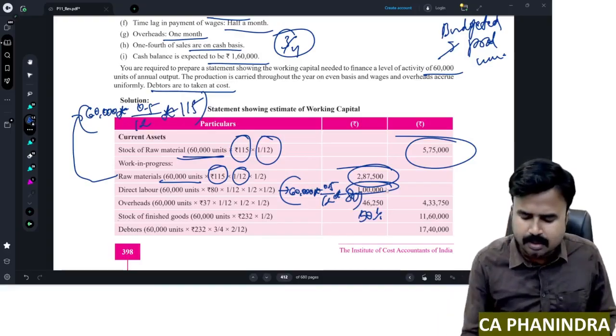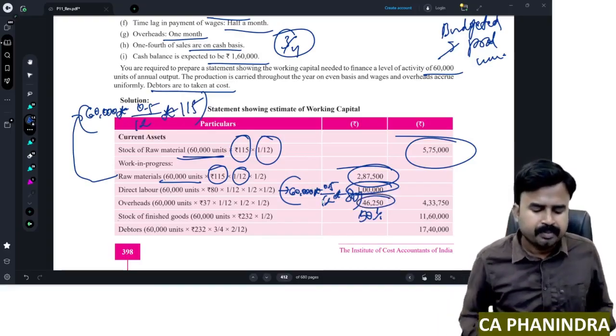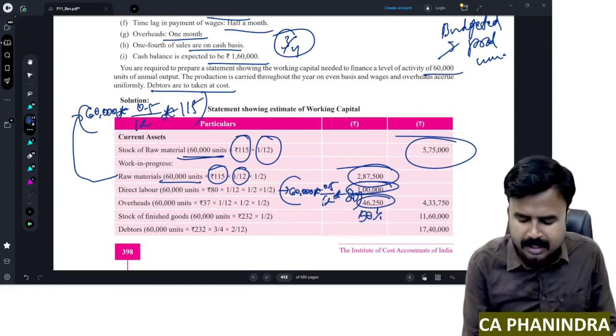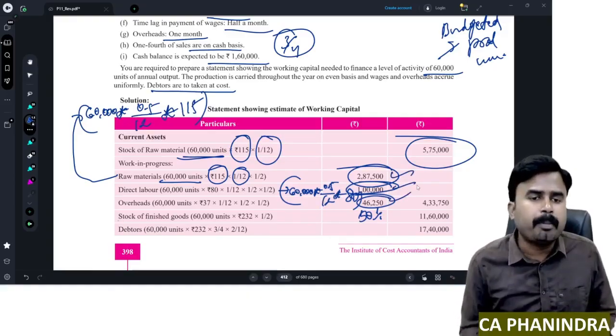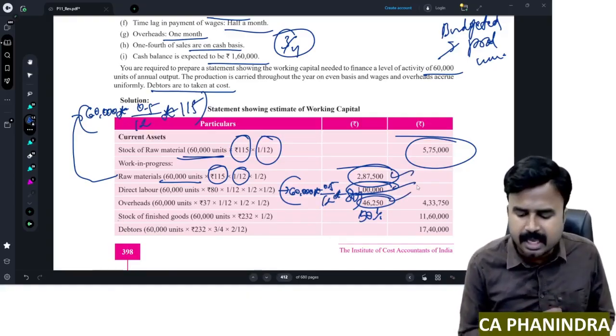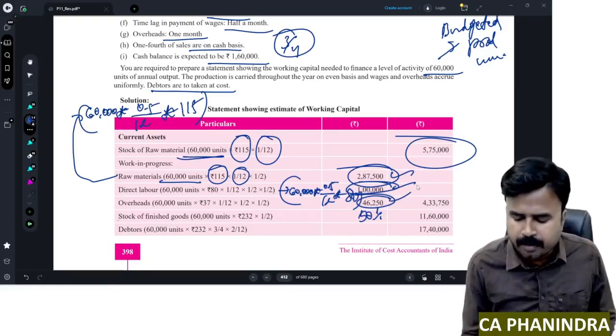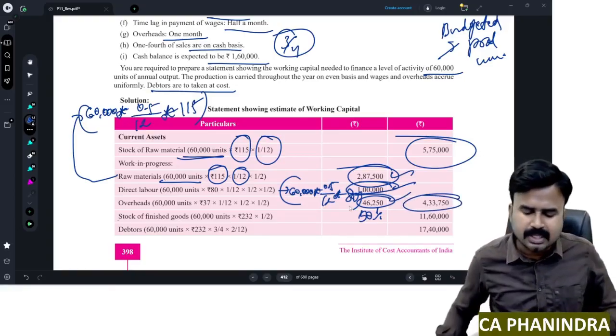I got 46,250. That's it. Investment in stock of work in progress is successfully calculated by taking all the three cost components. In these three components, material is 100% complete, whereas labor and overhead is 50% complete. If you get the total, you'll get 4,33,750.